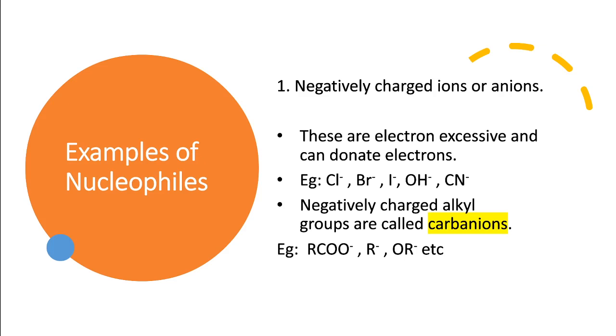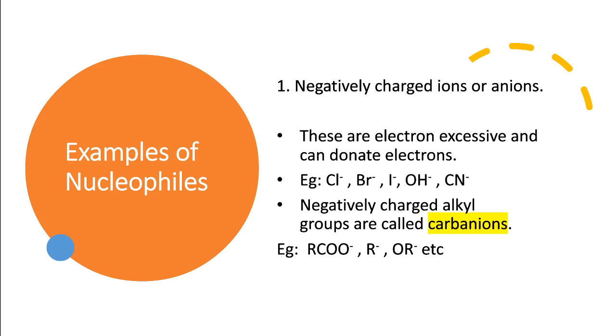The ion in which carbon bears a negative charge is called a carbanion. Examples: alkyl carbanion, R minus; alkoxide ion; carboxylate ion.